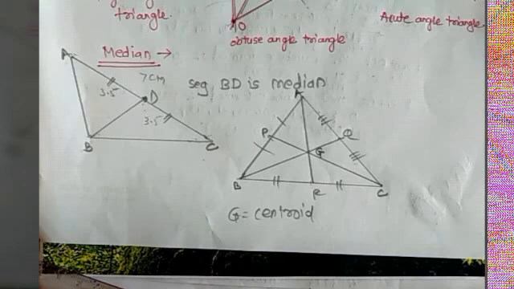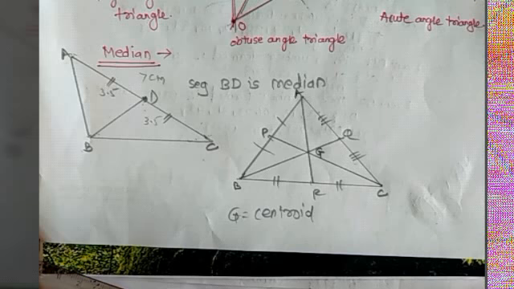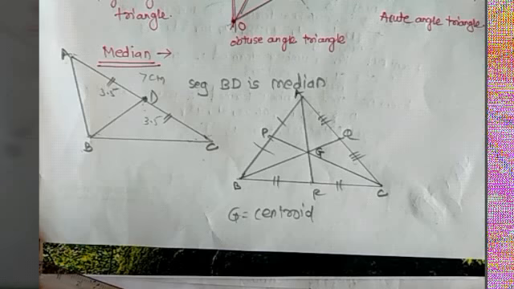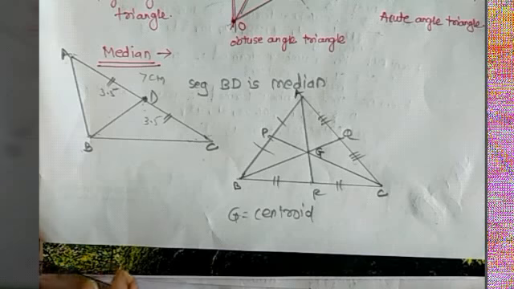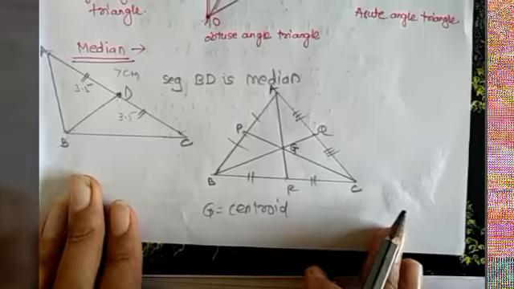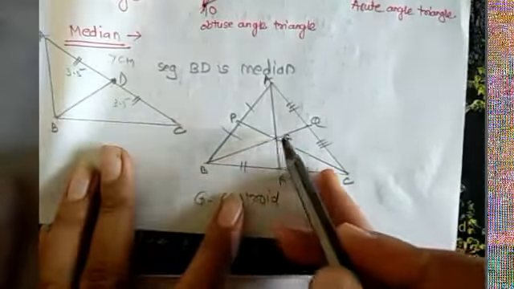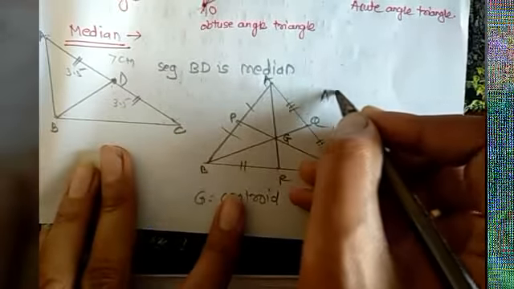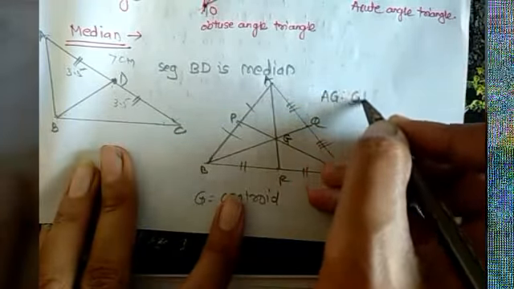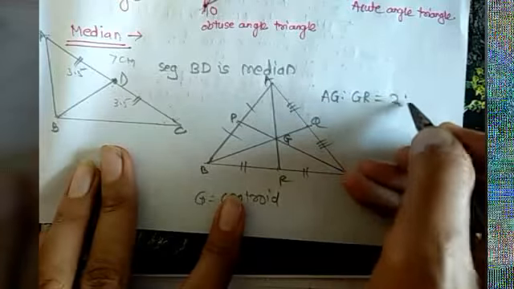And for all types of triangles, the location of G is in the interior of the triangle. The centroid divides each median in the ratio 2:1. It means AG is to GR is equal to 2:1.